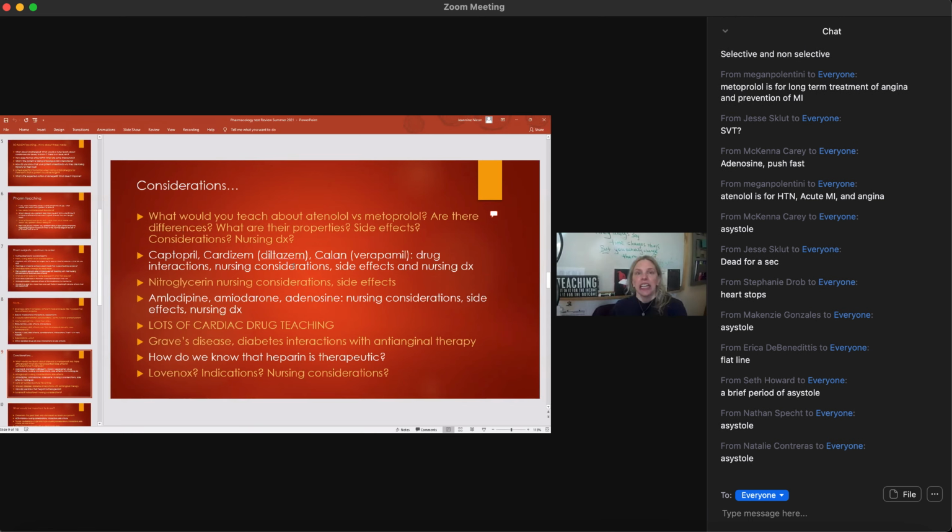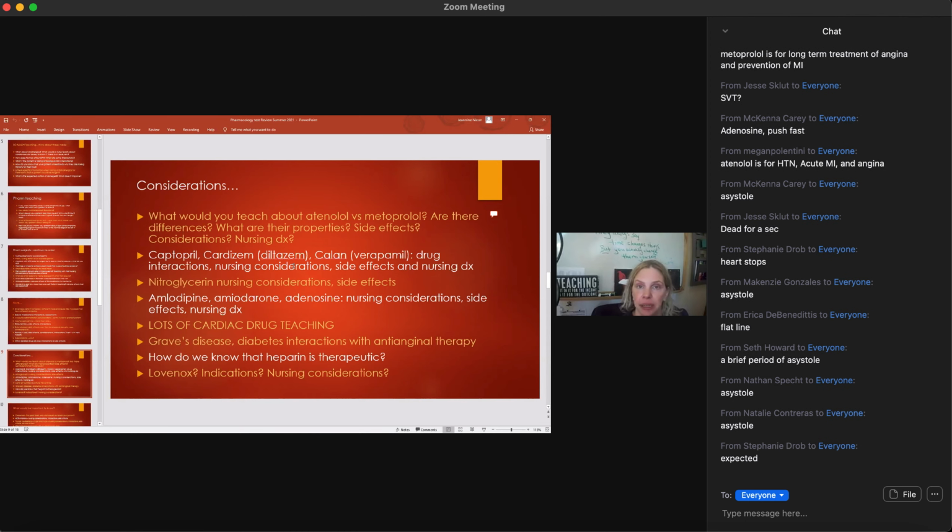Dead for a second. Yes, so you expect that and then it starts again. Do not pick that as an adverse effect, because that's not an adverse effect. That is a side effect of the medicine that we expect. Does that make sense?